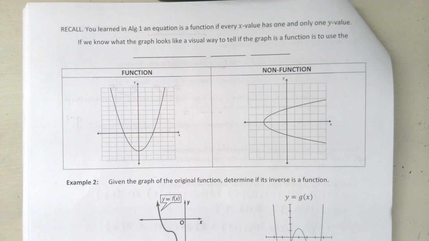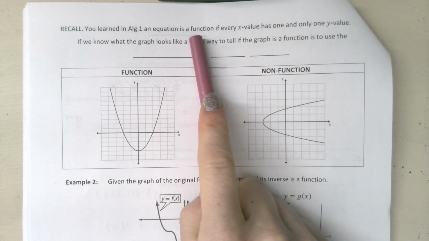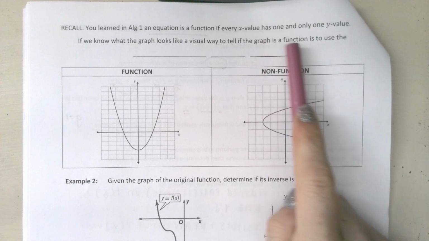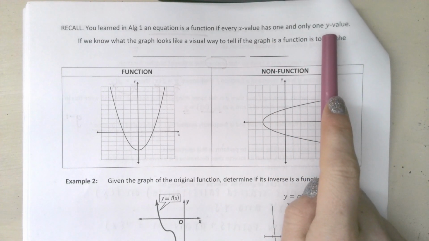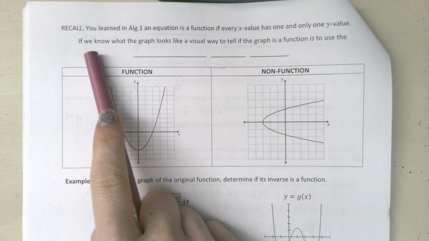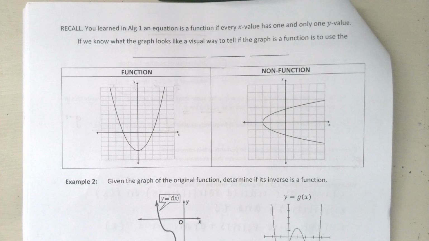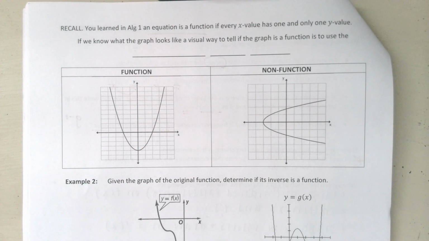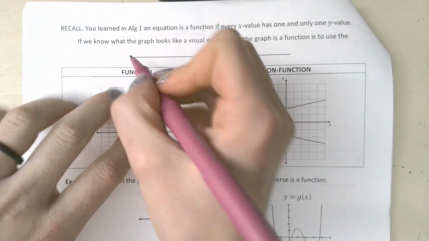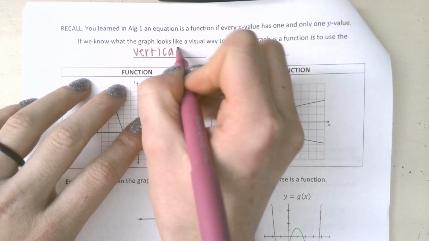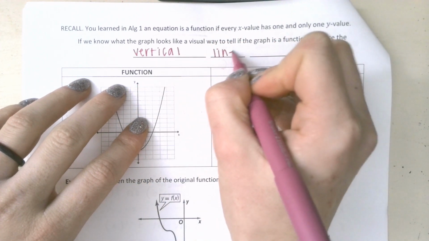Okay, if you recall all the way back to Algebra 1, you learned that an equation is considered a function if every x value has one and only one y value. If we know what the graph looks like, there's a really nice visual way to tell if the graph is a function, and the way that we'll do this is to use what we call the vertical line test.